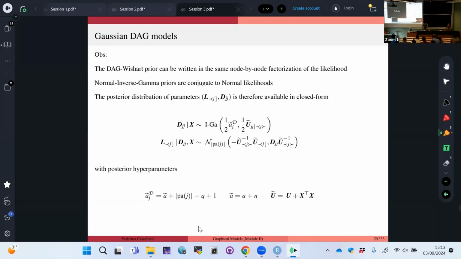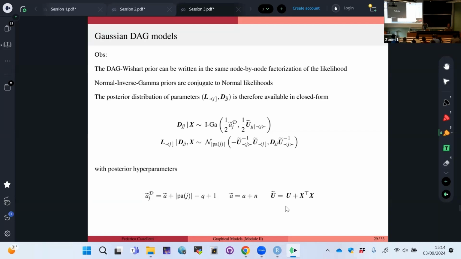So the posterior of Dj and Lj is still inverse gamma and multivariate normal with some posterior hyperparameters that we can call A tilde and U tilde, which are nothing but the prior hyperparameters plus the sample size, as in the Wishart that we saw this morning: A, the shape hyperparameter, plus the sample size, and U, the prior hyperparameter of the DAG-Wishart, plus the X prime X matrix.